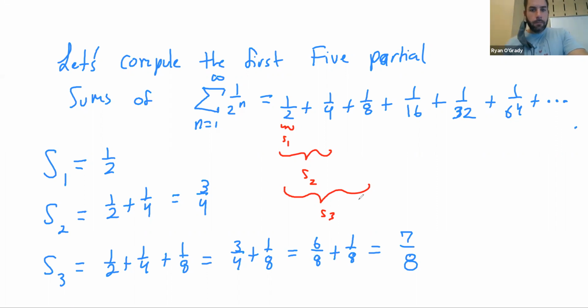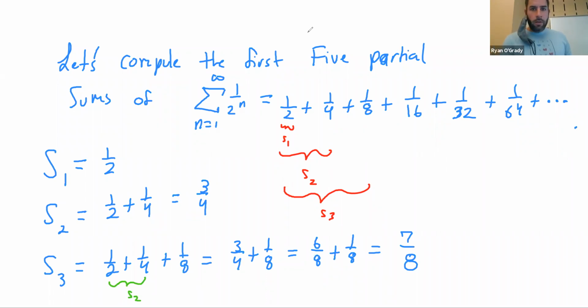Okay. Now for the next one, we'll add the 1/16. And by the way, there's a pattern you can notice. You can be a lot quicker if you notice the pattern. Notice that these 2 right here are just S sub 2.